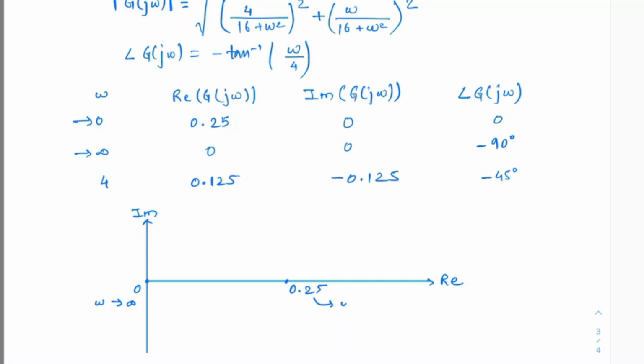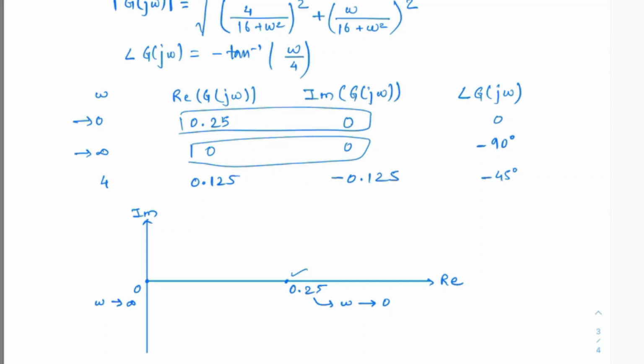This will be when omega tends to 0. So in either case we have 0 in the imaginary part. So we can plot this one point, which is this, and we can plot this one point, which is this one.